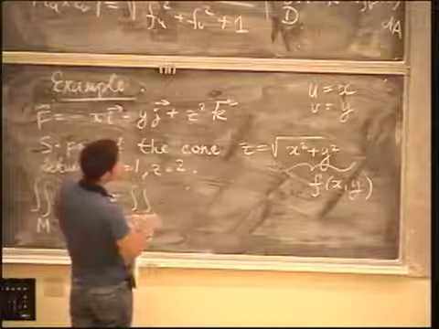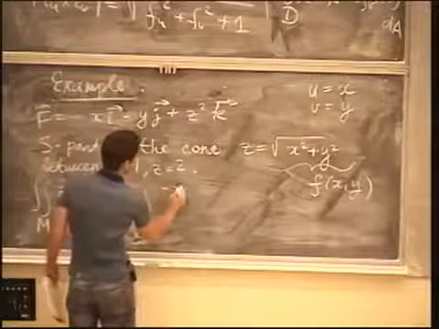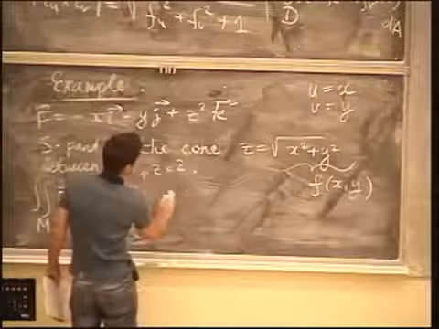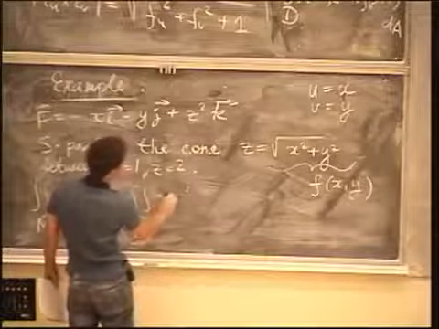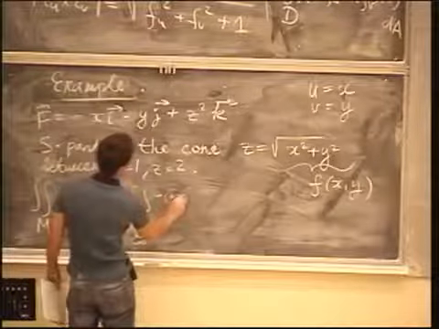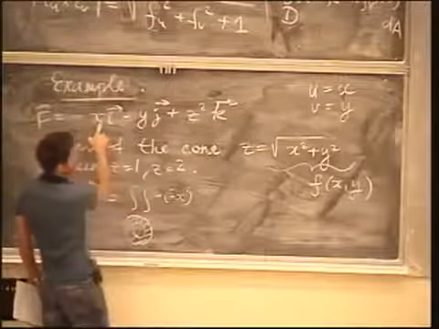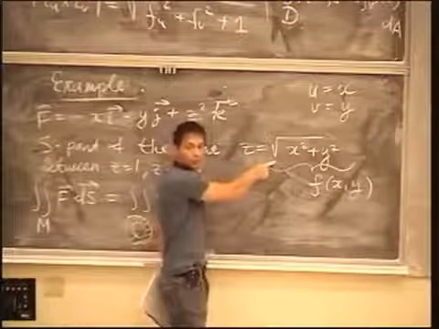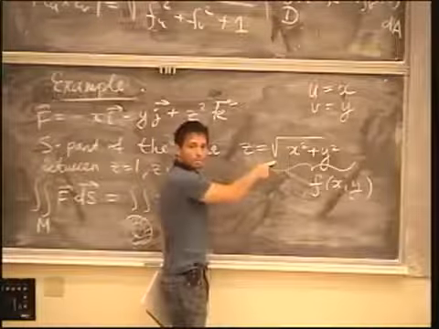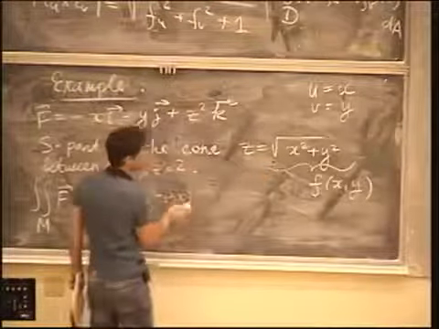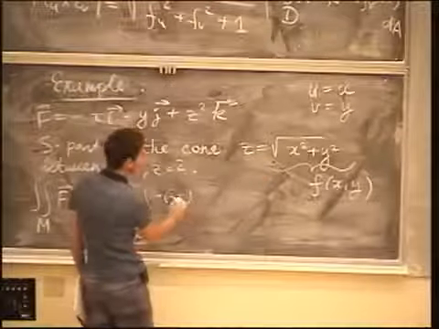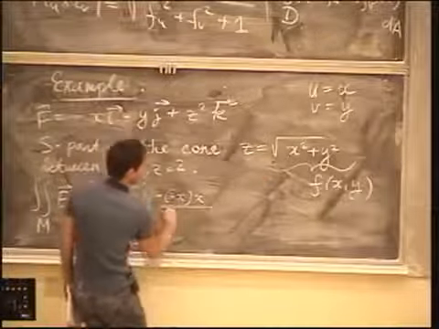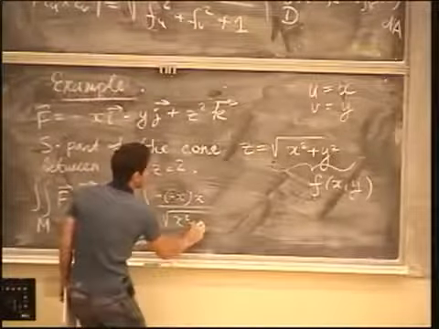So when you do that, what you're going to end up with is negative x. So you first of all have an overall negative sign. Then you have negative x. That's this negative x. Then you have to take the derivative of this, and the derivative of this, you know, as well as I do, is x divided by square root of x squared plus y squared.